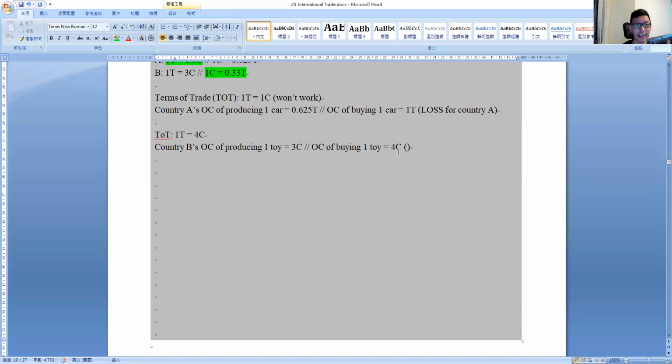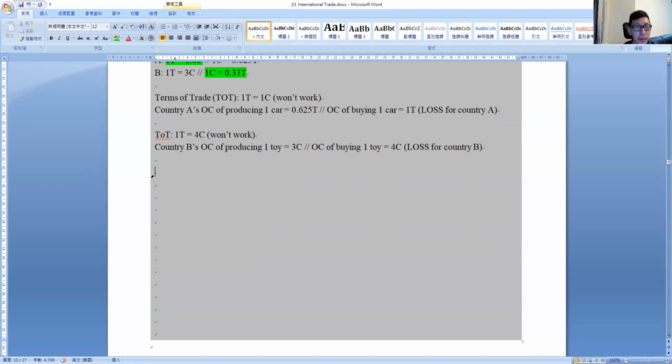So under this terms of trade, you are also having a loss, but this time a loss for country B. Therefore, I'm sorry, this one also won't work. This one doesn't work, that one doesn't work. So what would be the working terms of trade?